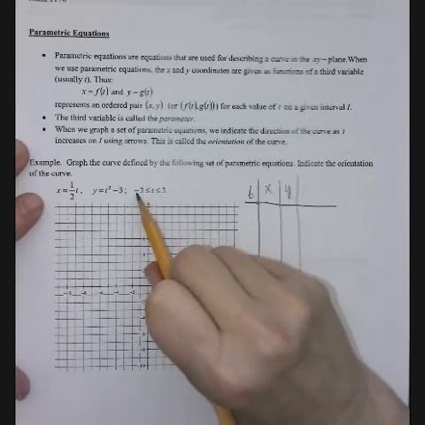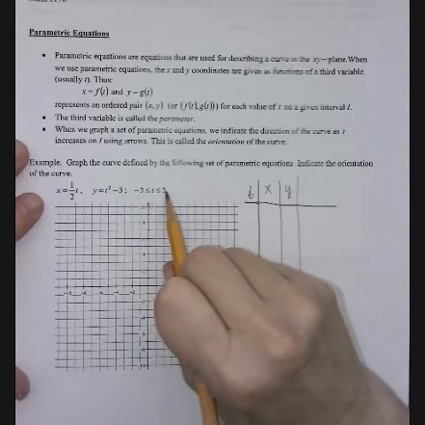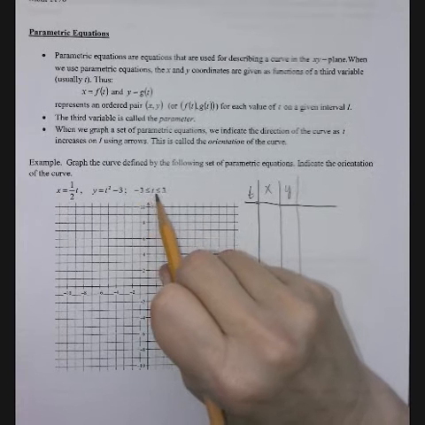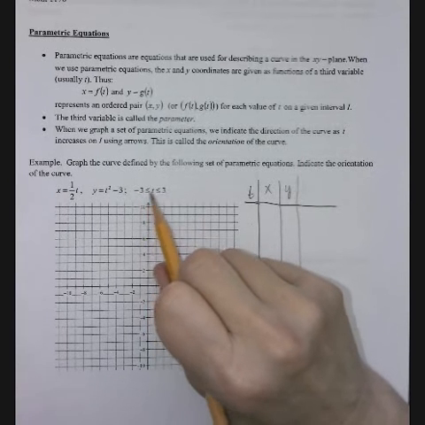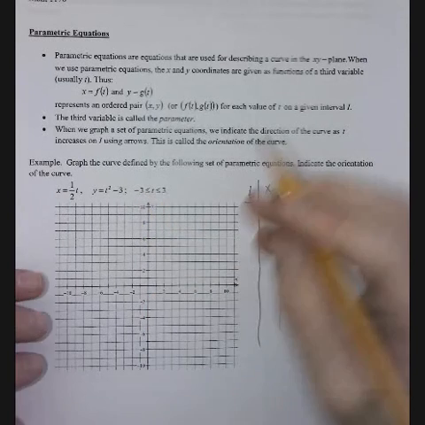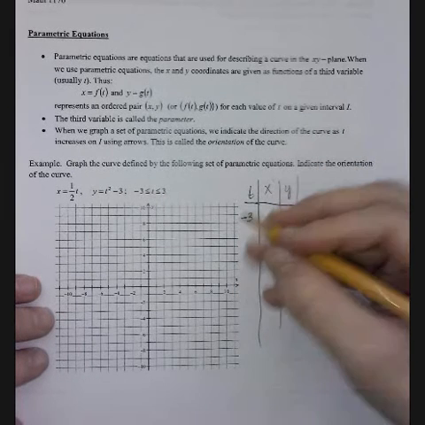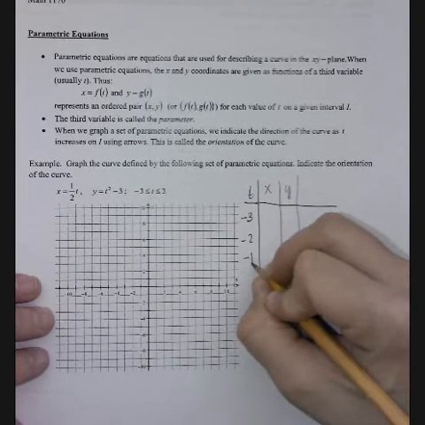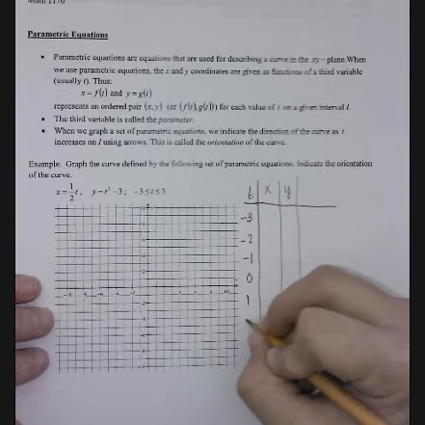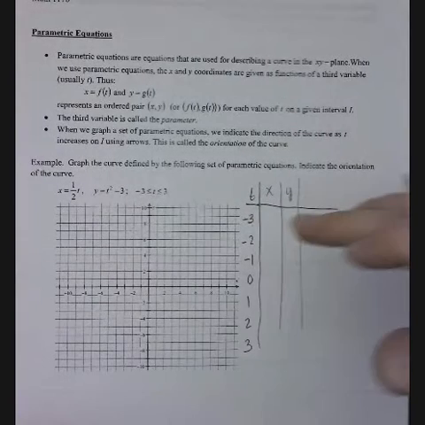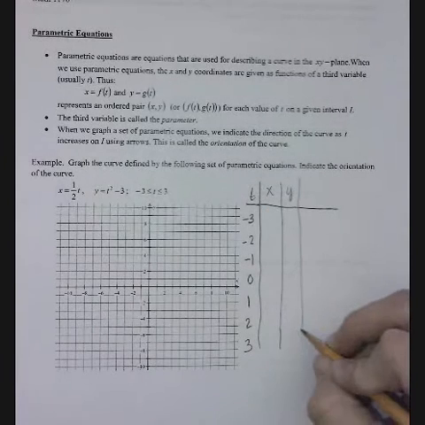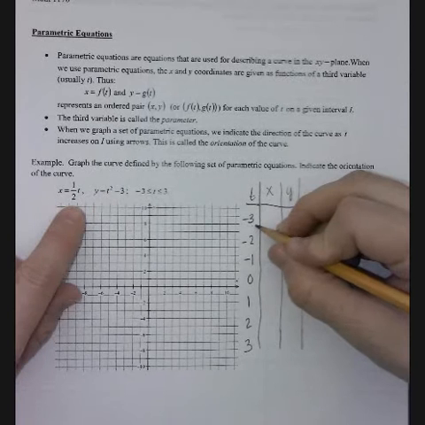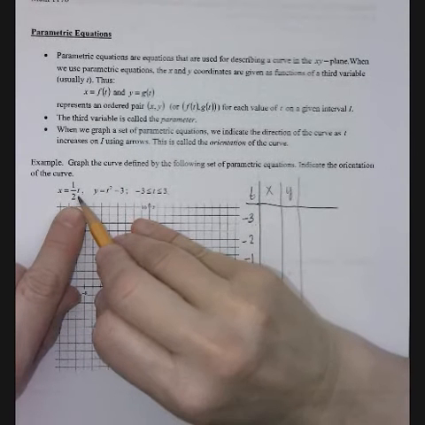T can be any number between -3 and 3, such as 1/2 or 0.0025, any number in here. I'm just going to use the integers because those are easy to use. So I'll use -3, -2, -1, 0, 1, 2, 3. Let's get ordered pairs for all of those values of t. When t is -3, you plug that into this equation.